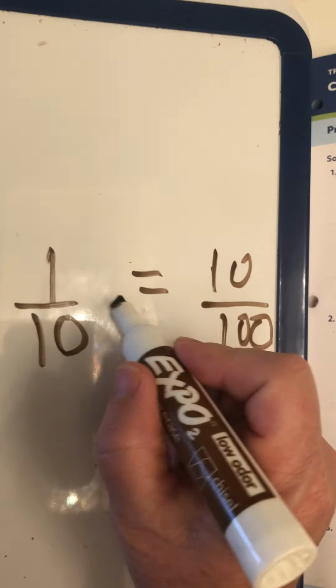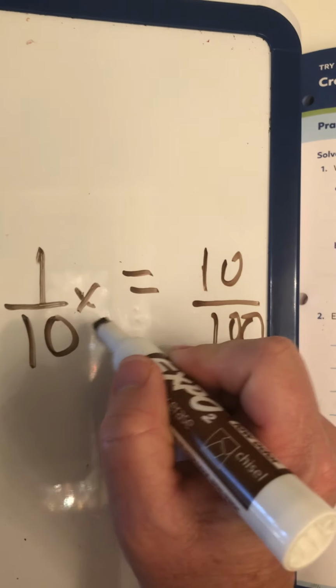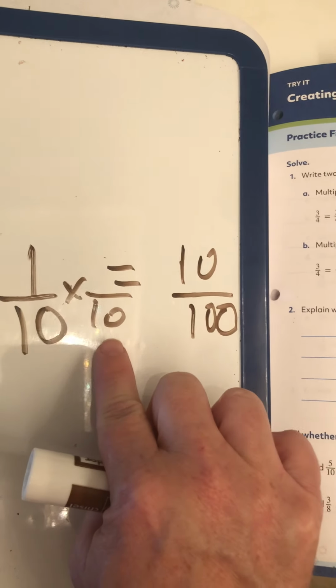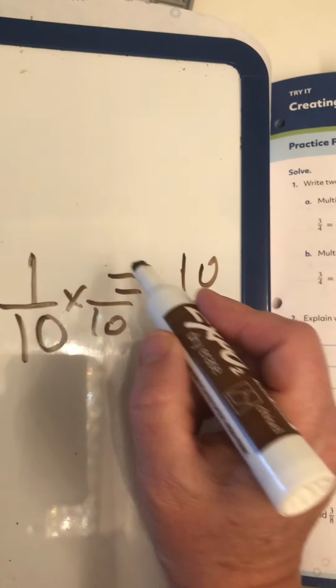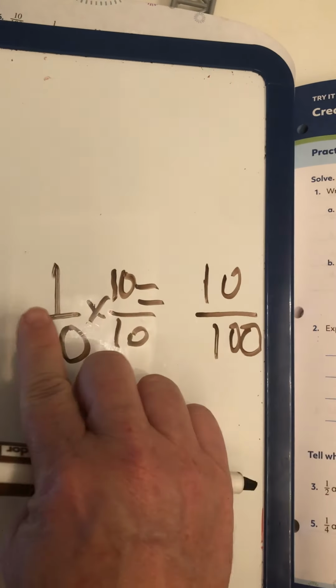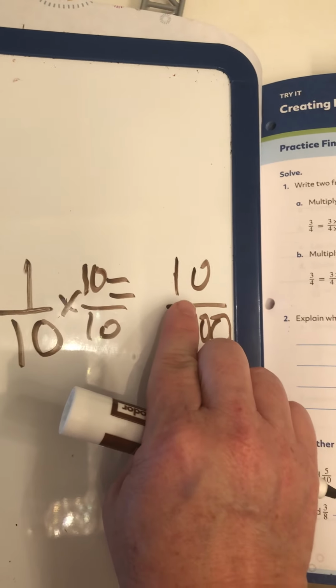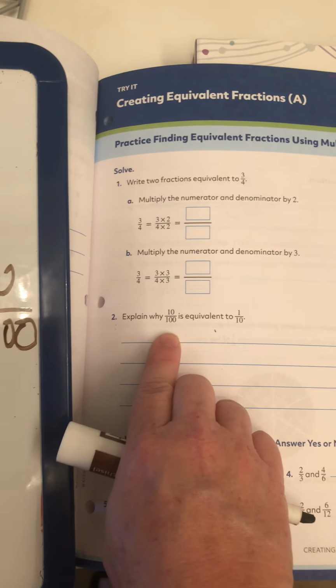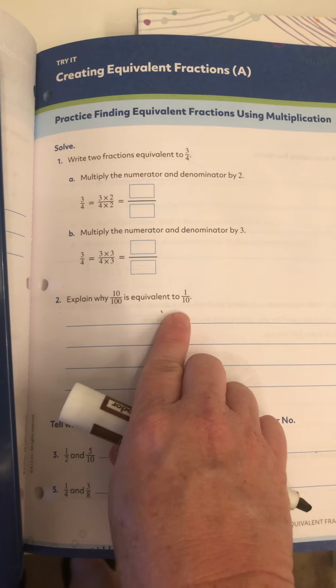Whatever we multiply our denominator by, the rule is we need to multiply our numerator by that same number. That means 1 times 10 must equal 10, and it does.